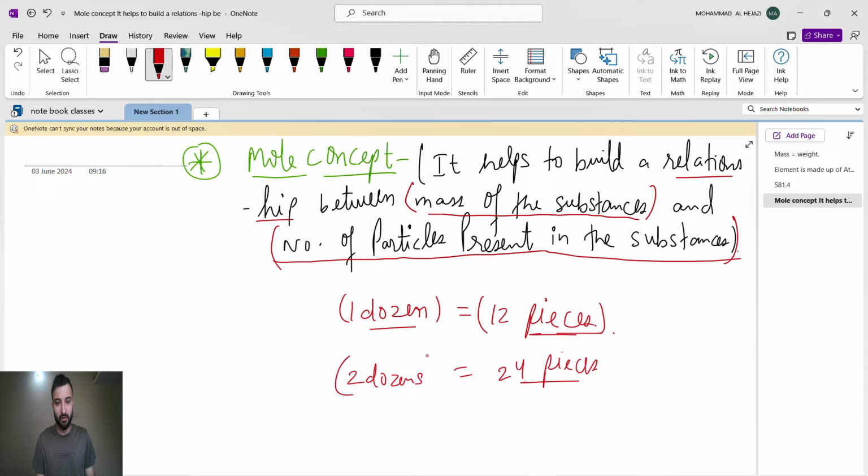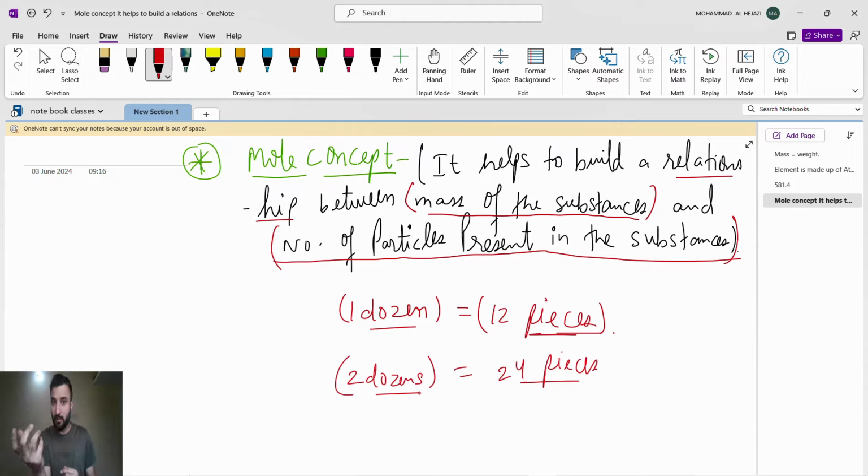Like this we will use the mole concept. If I give you the mass of the substance, you can say how many particles are present in it.